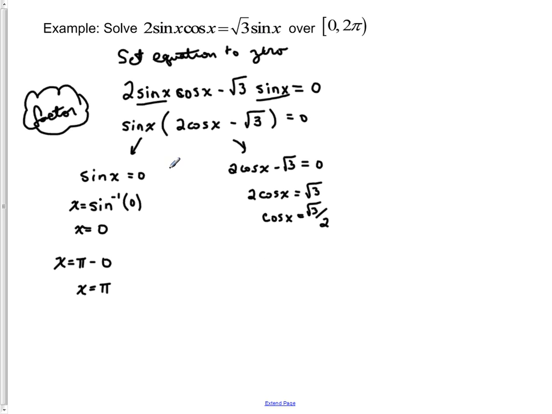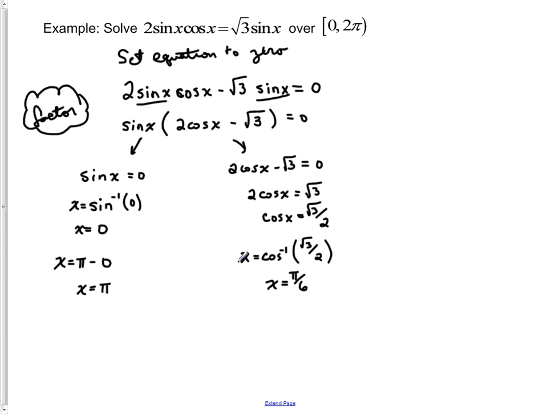Well, kind of like what we did on inverse sine, we can use an inverse cosine, and that's going to give us a nice first quadrant angle whose cosine would be positive root 3 over 2. Remember, inverse cosine will give us angles in either the first or the second quadrant. Since it's positive, that's quadrant 1 only, so quadrant 1, inverse cosine of radical 3 over 2 happens to be pi over 6.